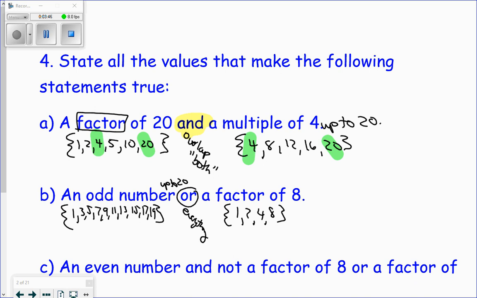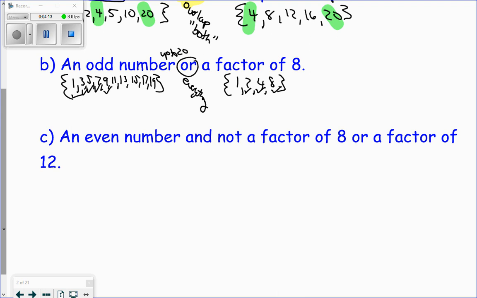Your answer would be 1, 2, 3, 4, 5, 7, 8, 9, 11, 13, 15, 17, 19. Typically, the or answers are very long. The and answers are very short because and is the overlap, whereas or is everything.